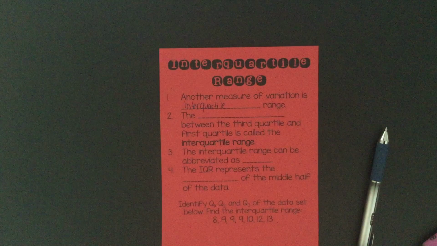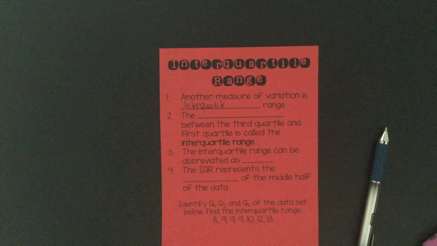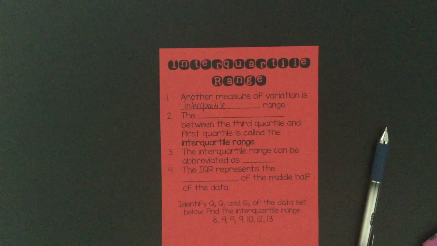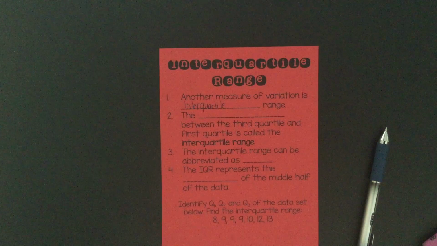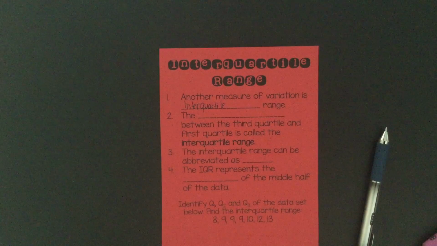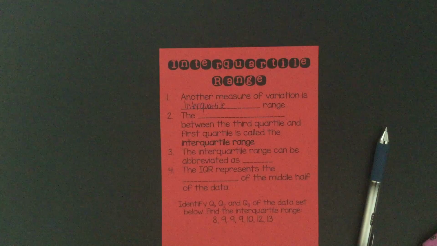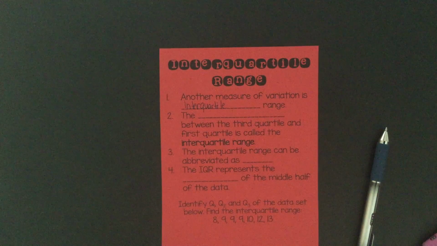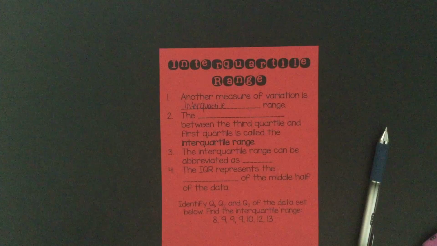And that gives us our range of our data. Our interquartile range is kind of similar to that, but we're going to look at just the quartiles. And the last lesson we talked about what quartiles were, and that was finding the median and then your lower half and your upper half.